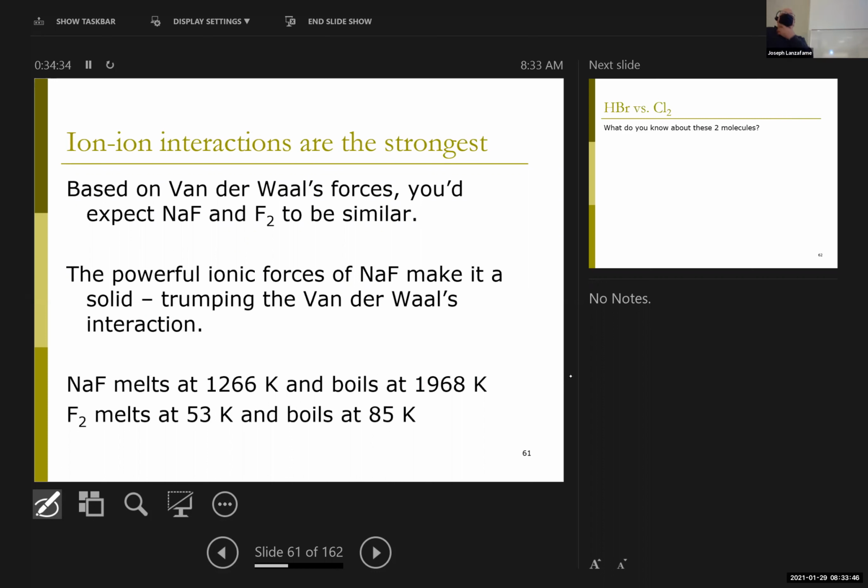The van der Waals forces for those two molecules should be similar. That entire difference in melting point and boiling point gives you an idea of the magnitude of the difference in strength of those two forces. And you see a similar roughly 20 to 25 factor in the boiling point.